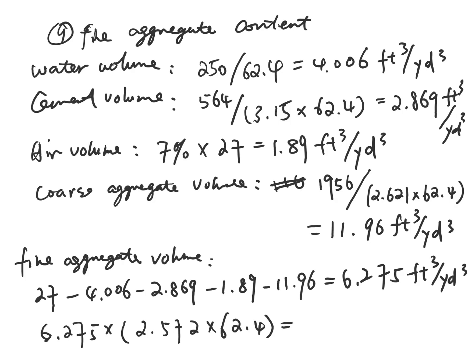So this gives you the weight of fine aggregate per cubic yard of concrete, which is 1007 pound per cubic yard. That's the weight of fine aggregate. However, when we calculate the fine aggregate content and the coarse aggregate content, we didn't consider the moisture, so we need to do the moisture correction.